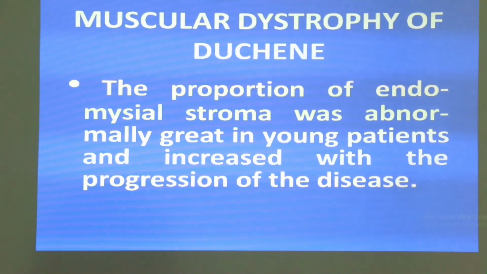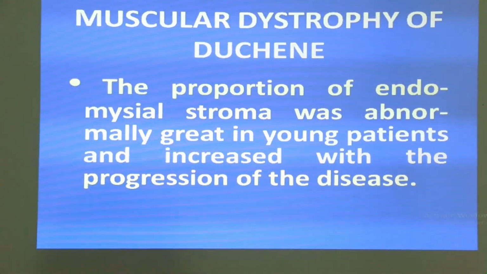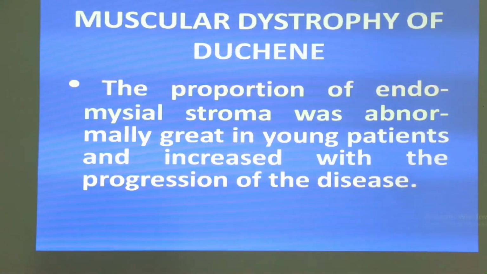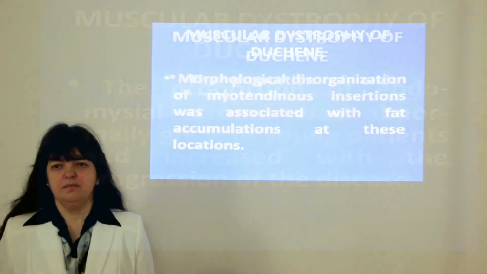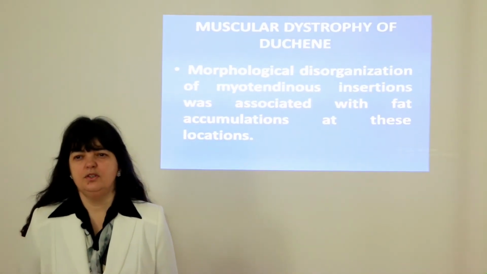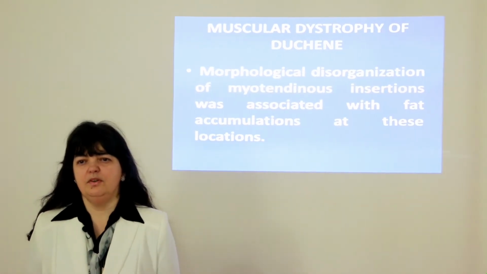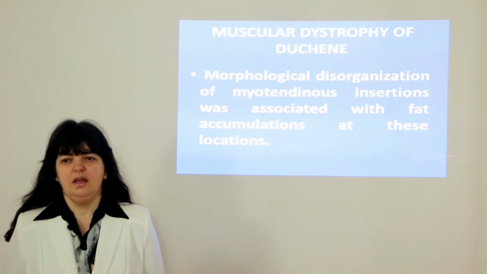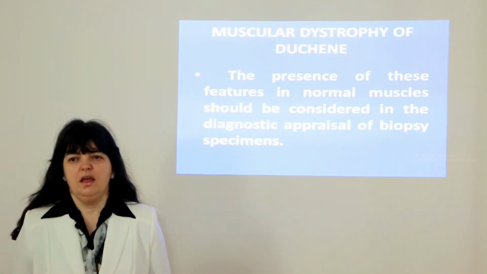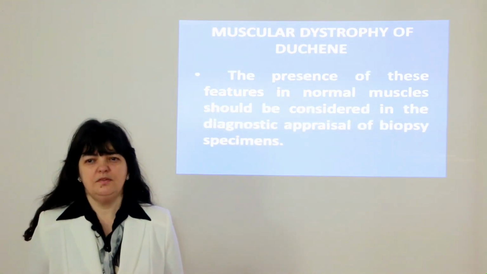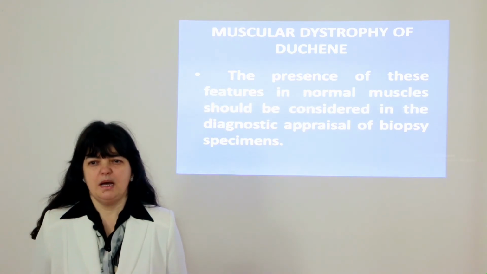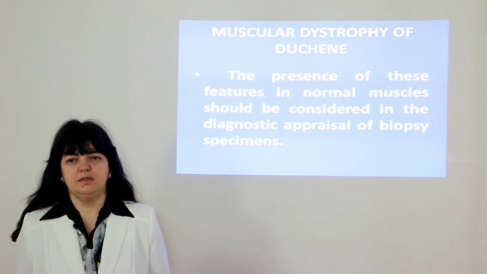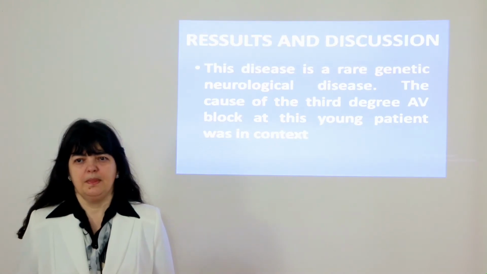The proportion of endomysial stroma was abnormally great in the young patient and increased with the progression of the disease. Morphological disorganization of the myotendinous insertion was associated with fat accumulation at this location. The presence of these features in normal muscle should be considered in the diagnosis approval of biopsy specimens.